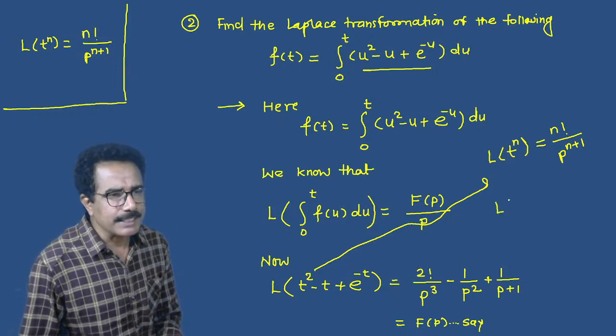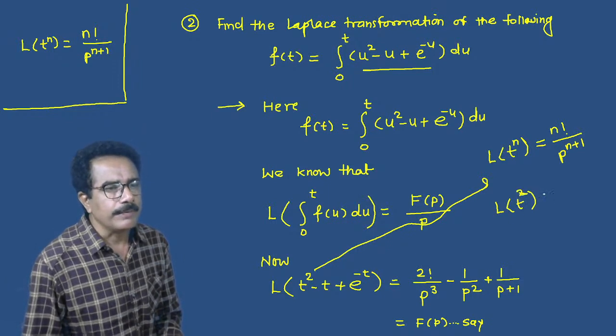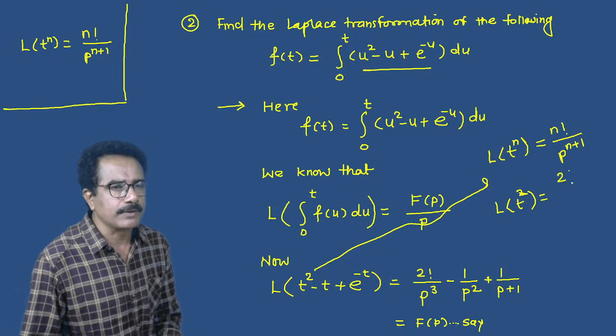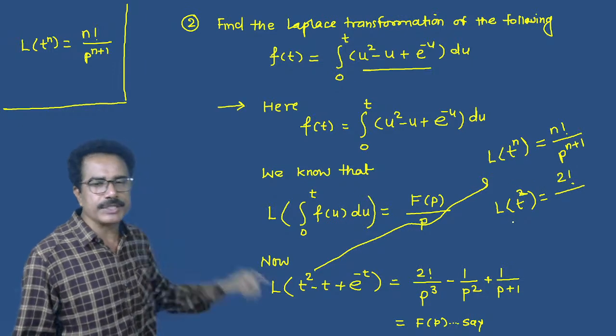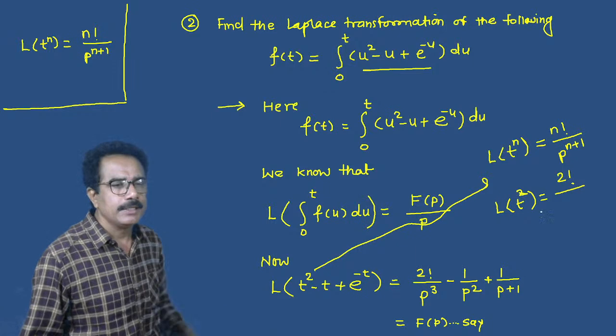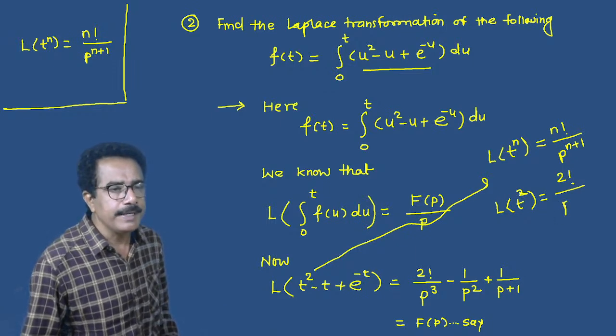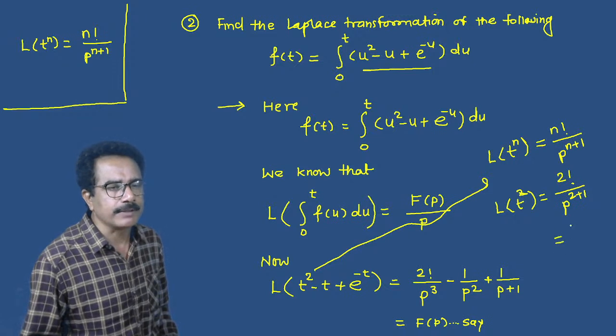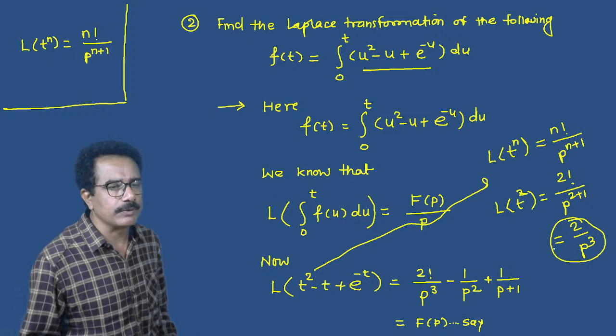So Laplace transformation of t square, if we put n equals 2, then we will get 2 factorial divided by p raised to 2 plus 1, means 2 factorial divided by p raised to 3. So this result goes to here.